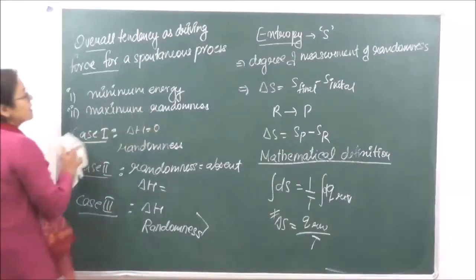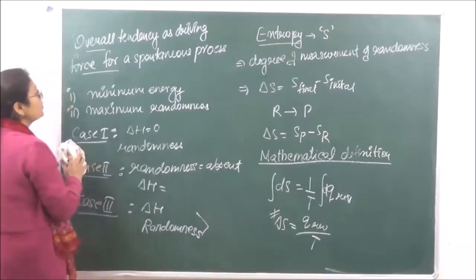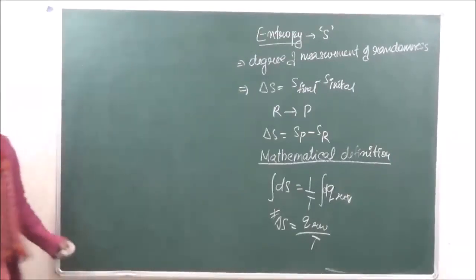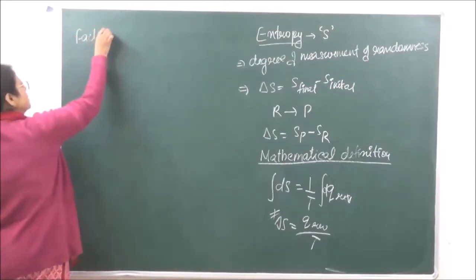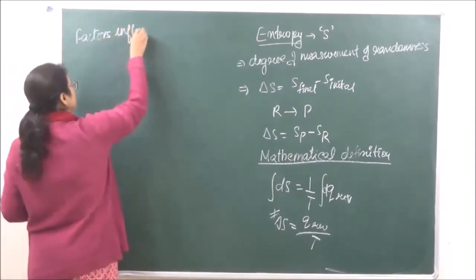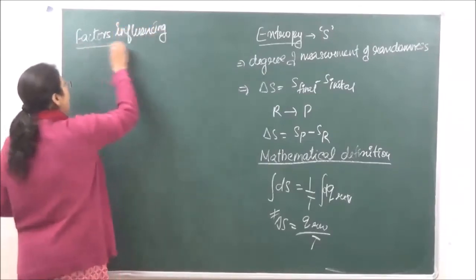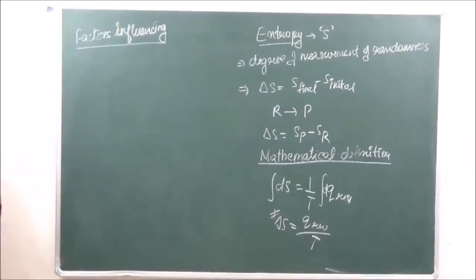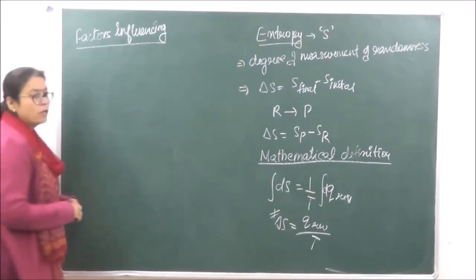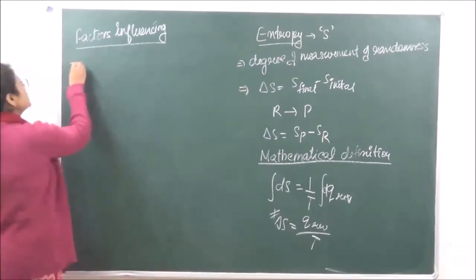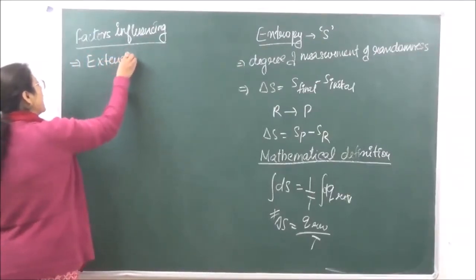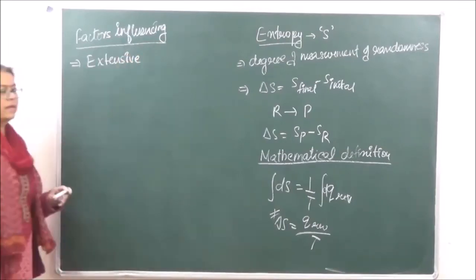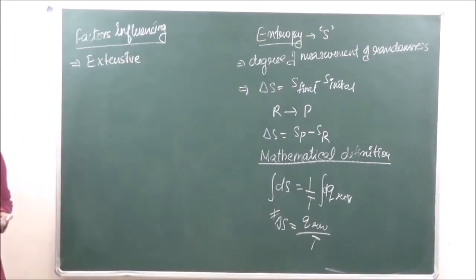There are going to be several factors which influence the amount of entropy. Let's see what those factors are. The first factor is that it depends upon the mass. Therefore, entropy is an extensive property.